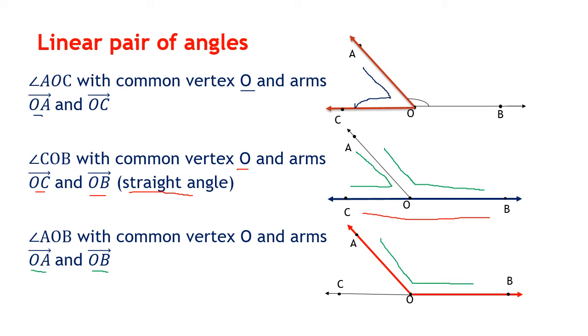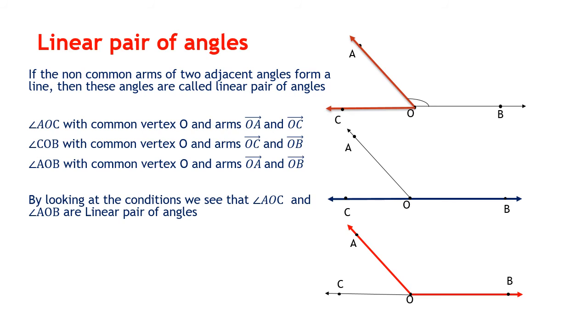Again, angle AOC and angle AOB have a common vertex O, a common arm OA, and the non-common arms are on different sides. But in this special case, the non-common arms also make a straight line. And because this makes a straight line, we name them linear pairs.